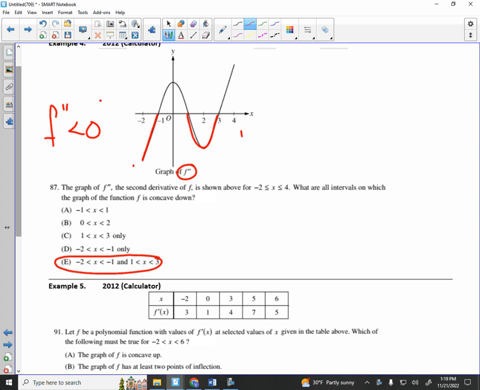So this segment, f double prime is sitting below the x-axis from here to here. So to be clear, this right here is the same thing as -2 to -1, union 1 to 3.